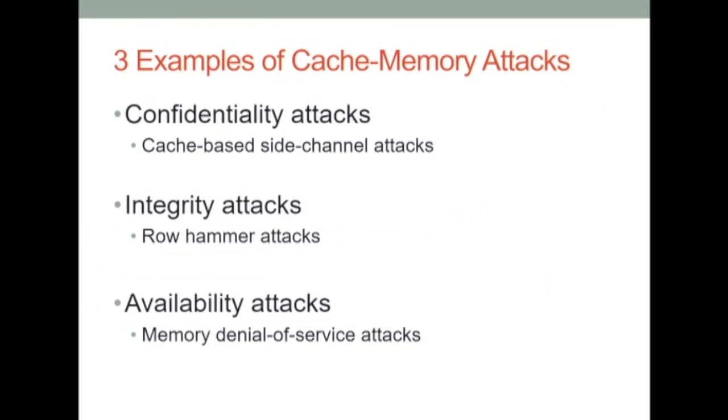In this talk, I'm going to highlight three different types of cache memory attacks. We all know that there are three aspects of security: confidentiality, integrity, and availability. There are different types of cache memory attacks that illustrate confidentiality attacks, integrity attacks, and availability attacks.